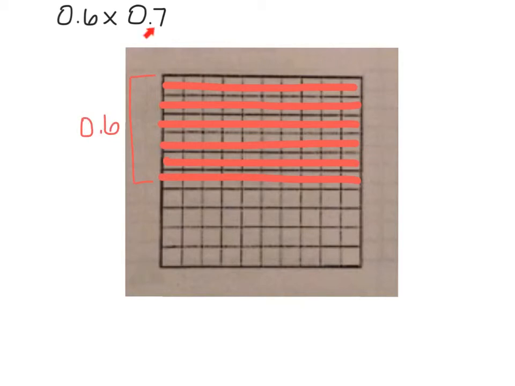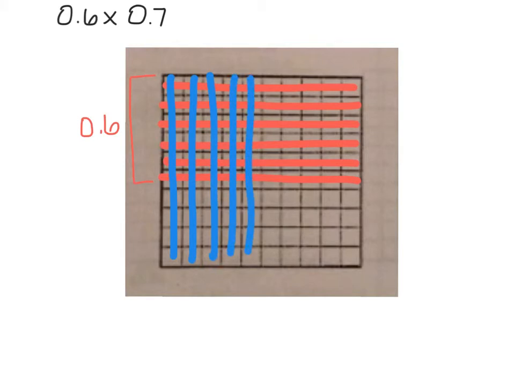Now I'm going to color in my 7/10 vertically and with another color. So that would be 1, 2, 3, 4, 5, 6, 7.